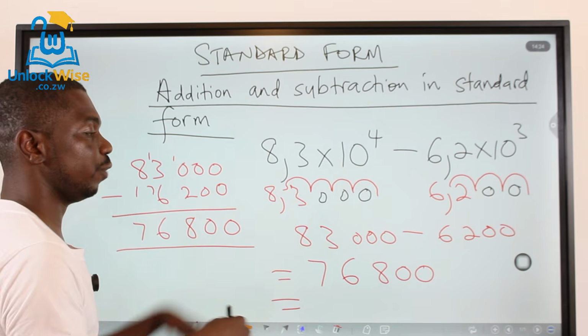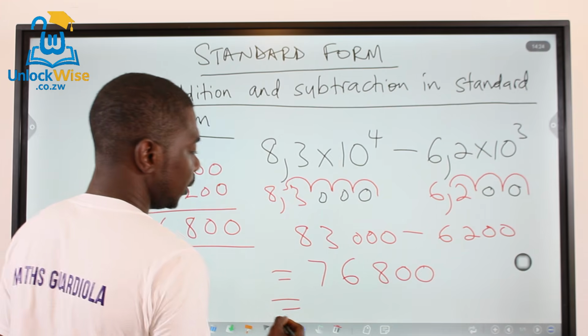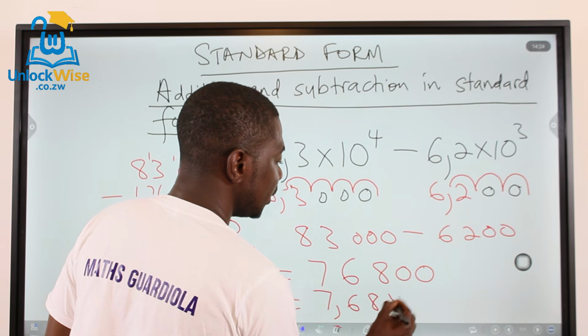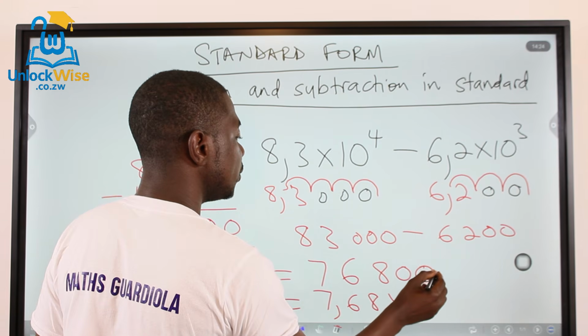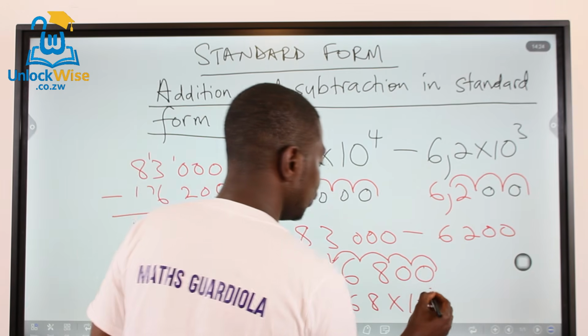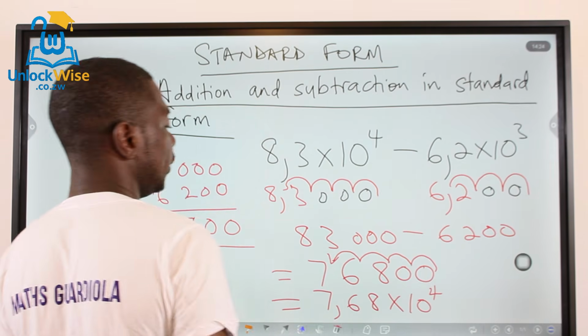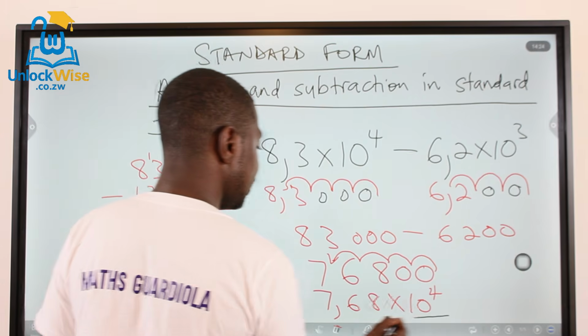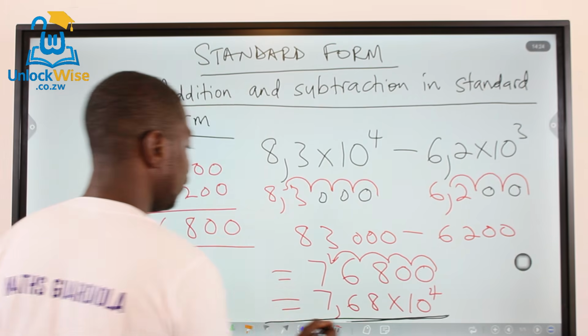And if we are to convert this to standard form, we have 7,68 times 10 to the power how many times? 1, 2, 3, 4. So this will be 7,68 times 10 to the power 4.